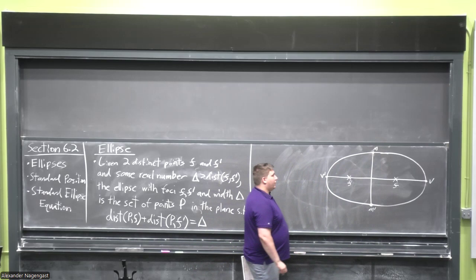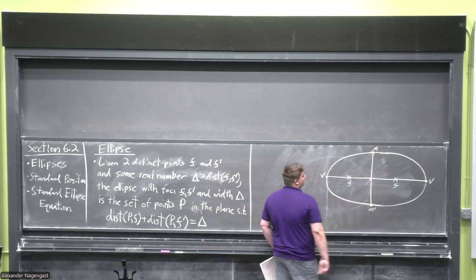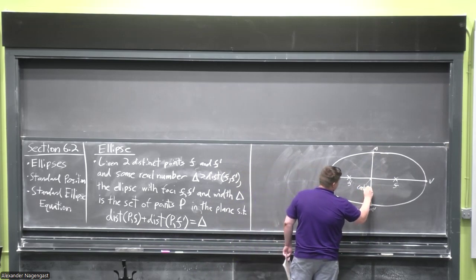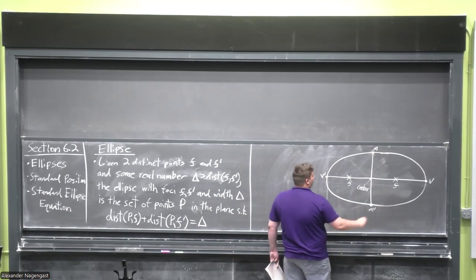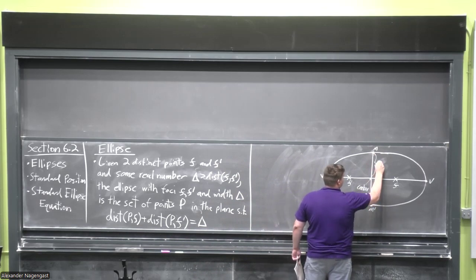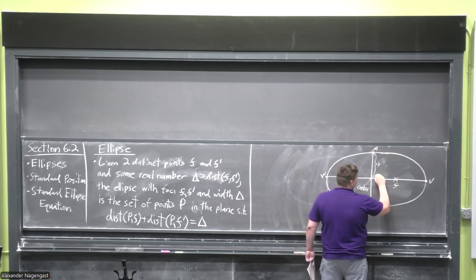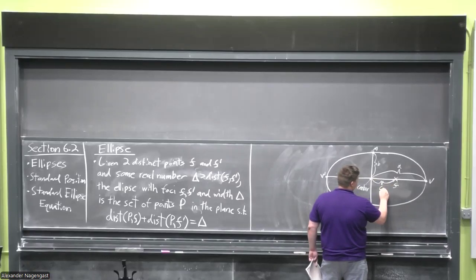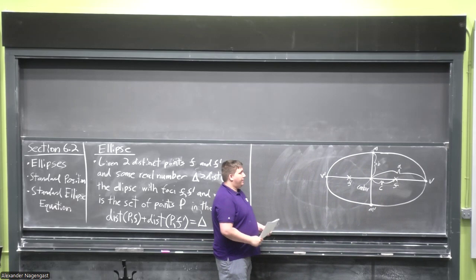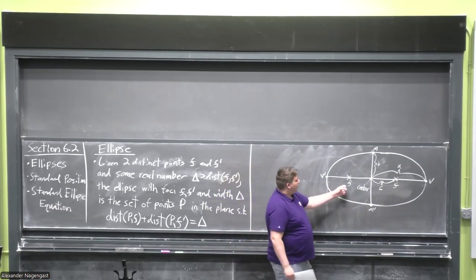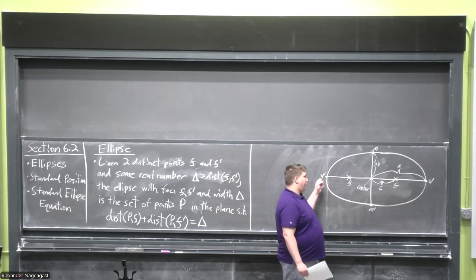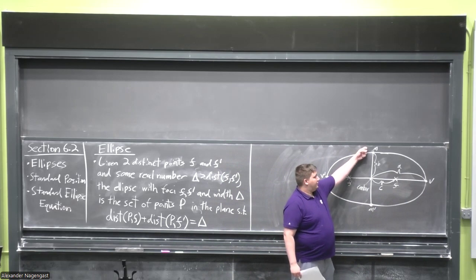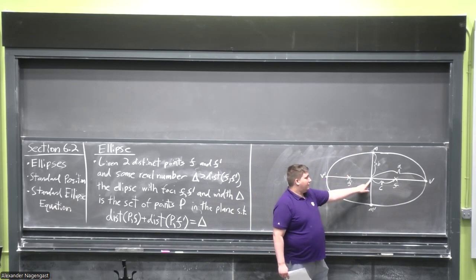And we'll denote where these two axes intersect as the center. And now to round this out, we'll call this distance B, we'll call this distance A, and we'll call this distance C. So in other words, we have the foci, the vertices, the minor points, and the center.